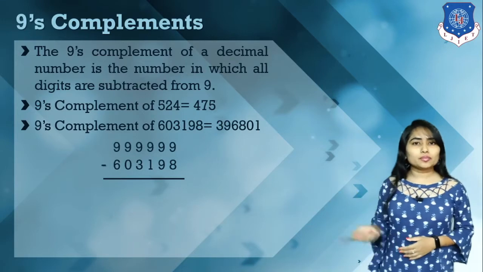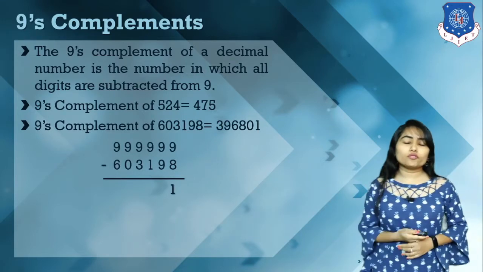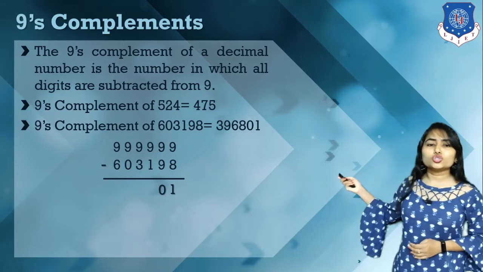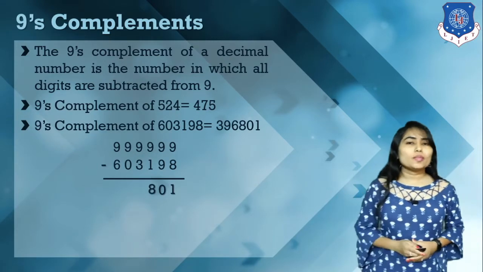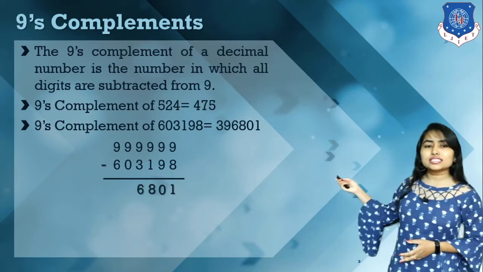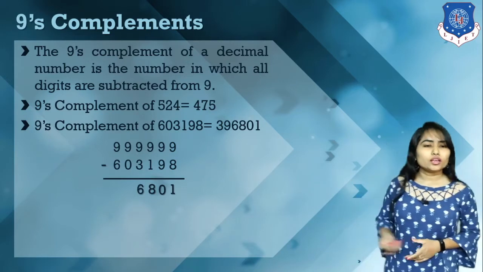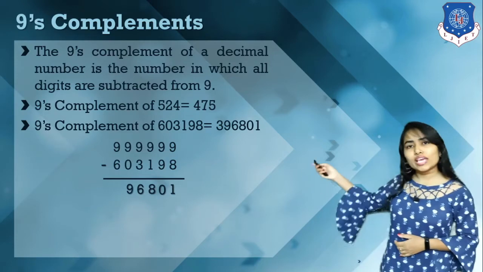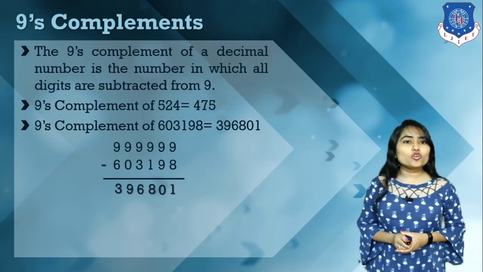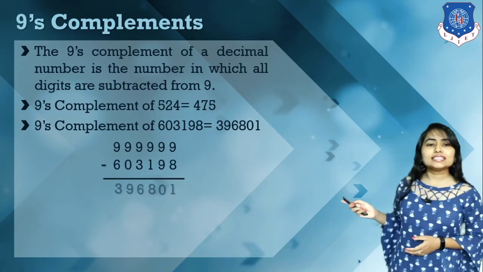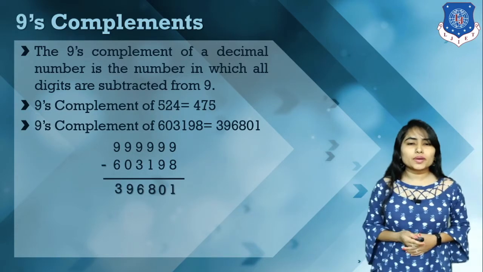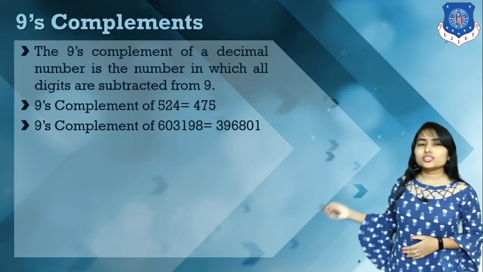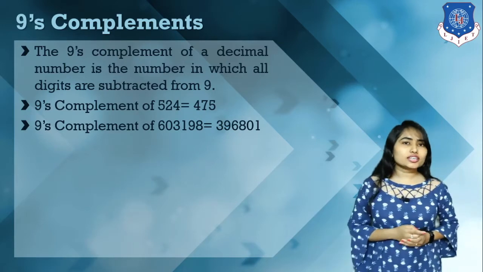So 9 minus 8 is 1, then 9 minus 9 is 0, 9 minus 1 is 8, 9 minus 3 is 6, then 9 minus 5 is 4, 9 minus 0 is 9, and 9 minus 6 is 3. So this is how we calculate the 9's complement of this number, which is 396801. So this is how we can calculate the 9's complement.